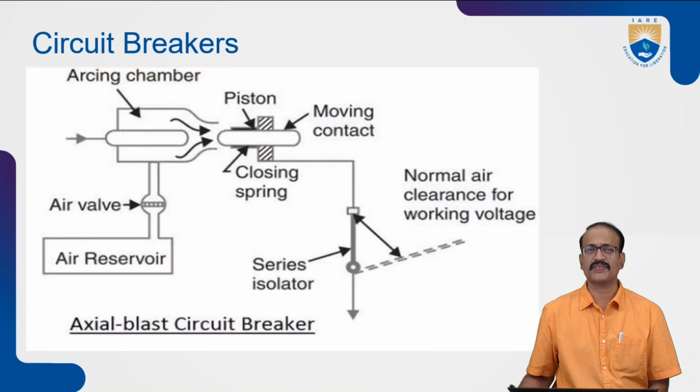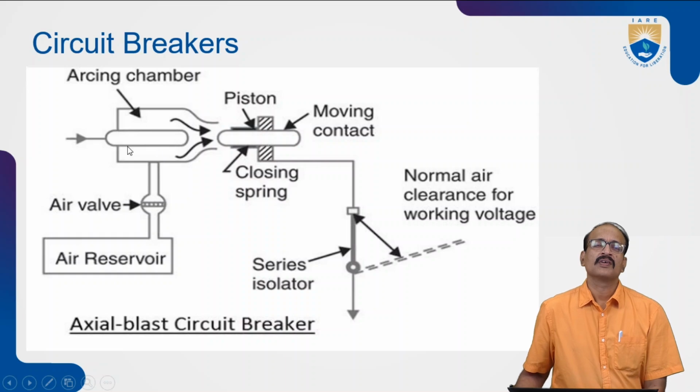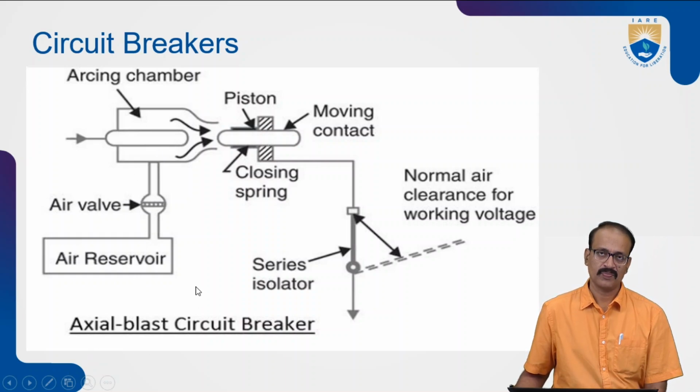Here in this picture you can observe the axial blast circuit breaker. We have the air valve to control the air blast. For sending the air, we maintain the air reservoir.